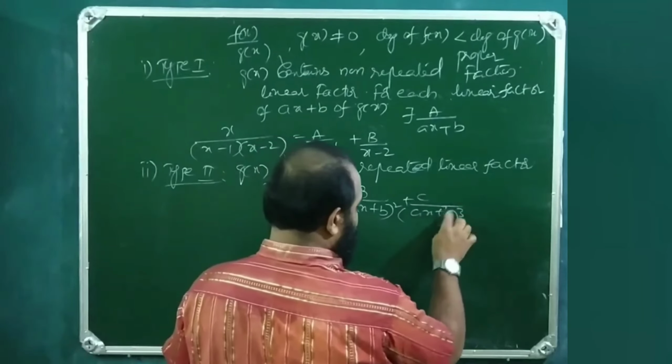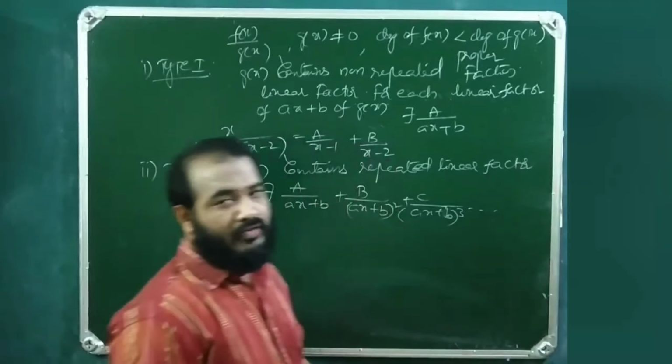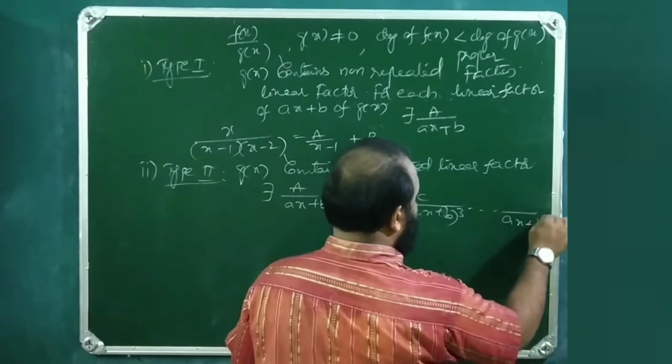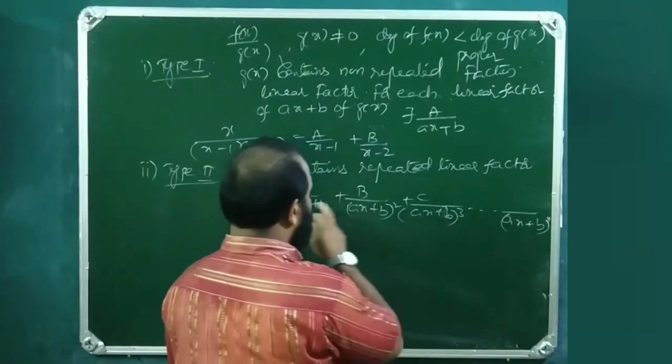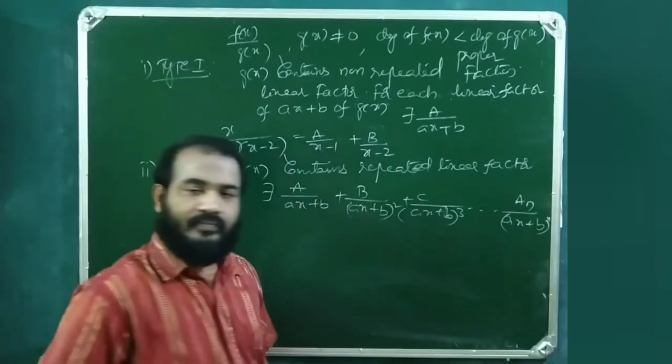If there are n factors of ax plus b, there would be n terms up to (ax plus b) whole power n. So this is A1, A2, A3, etc. This is An.